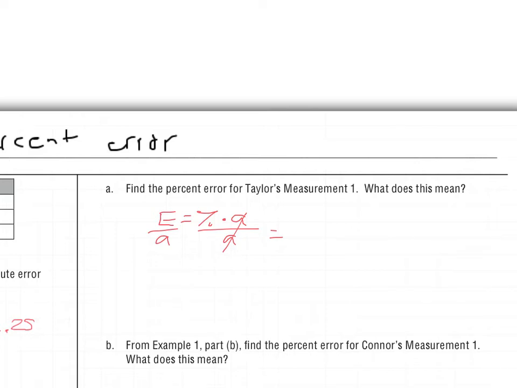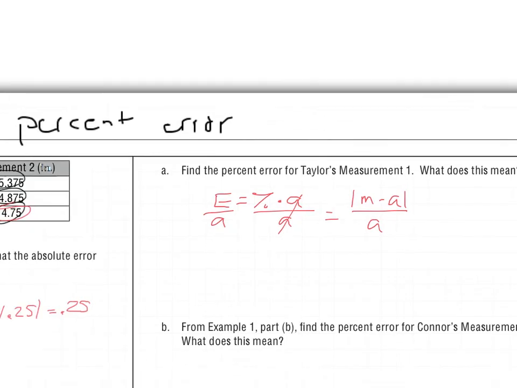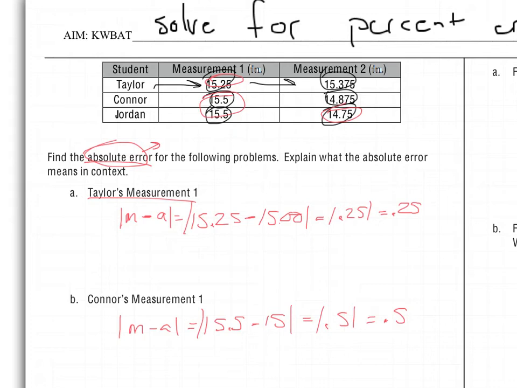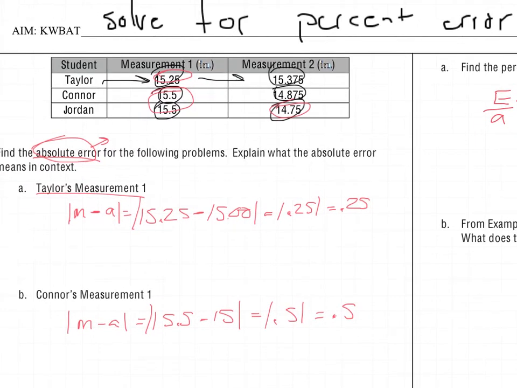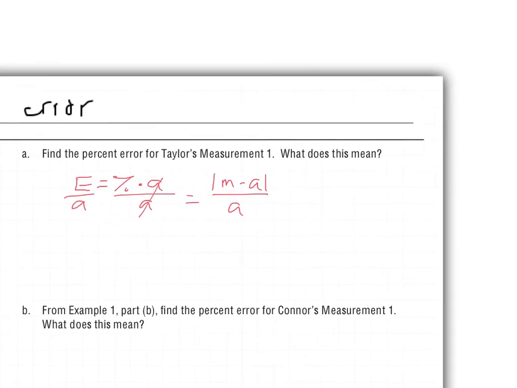And this is just a little bit of work to prove what that is. The absolute value of the measurement minus the actual, over the actual. And that comes from back over here when we solved to find the absolute error. So we've already done this work for Taylor's measurement 1 and got 0.25 was the error.